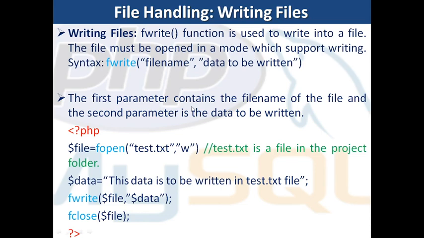The first parameter contains the file name and the second parameter is the data to be written. So if we open test.txt in W mode, a file in the project folder, this data is to be written in the test.txt file. We have seen this, so we'll not check it again on the browser.